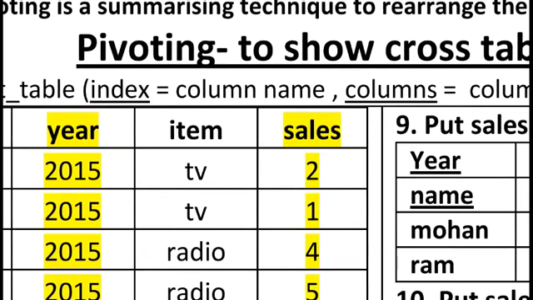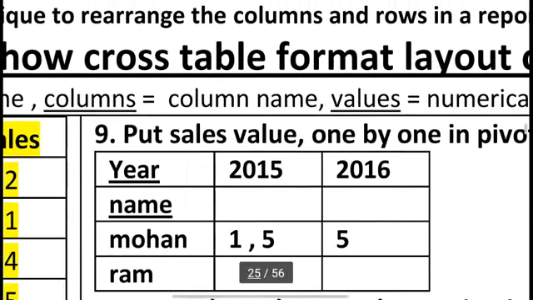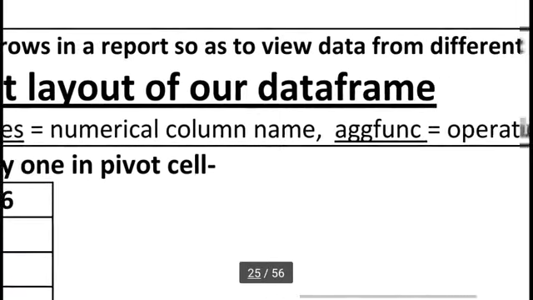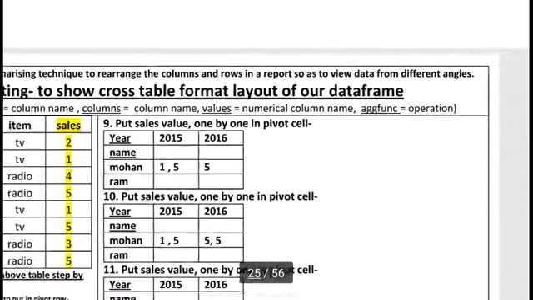Columns equal to column name, which column I want to put in columns. Values, which column I put in the values section, a numeric column. Finally, the aggfunc we can use for numerical calculation and arithmetic operations, meaning an aggregate function such as sum, max, mean.